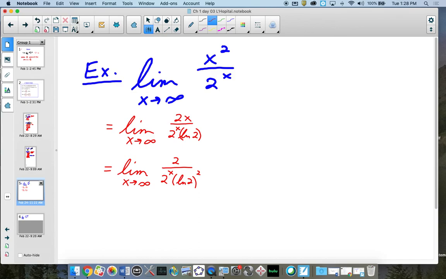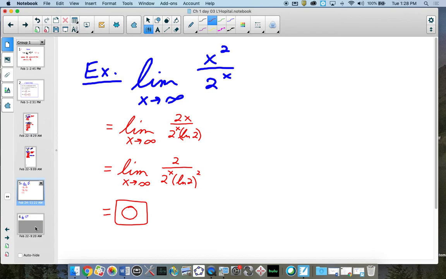And now as x goes to infinity, the numerator stays at 2, but the denominator goes to infinity. So we have 2 over infinity, which is approaching 0. So as x gets really, really big, this fraction gets smaller and smaller, so it approaches 0.